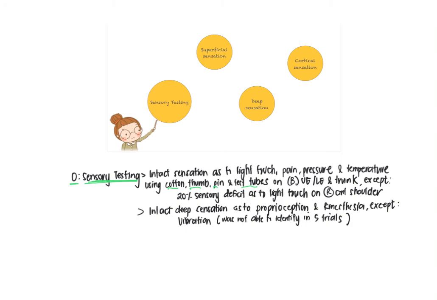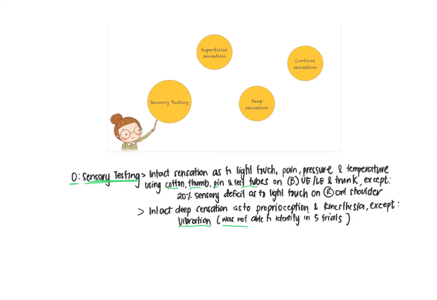Another for deep sensation, so the heading would be intact deep sensation as to proprioception and kinesthesia, except, for instance, the patient was not able to identify vibration. Then the abnormal finding is written as vibration, and then the PT described here, in parentheses, was not able to identify in 5 trials, meaning the PT gave the patient 5 trials to identify if he or she can feel the vibration.